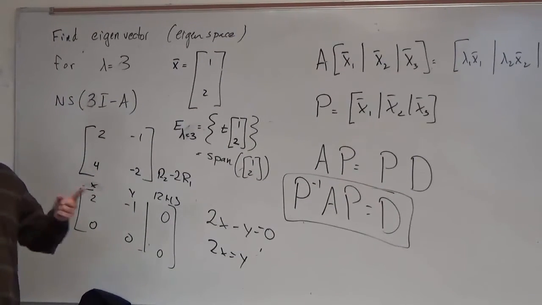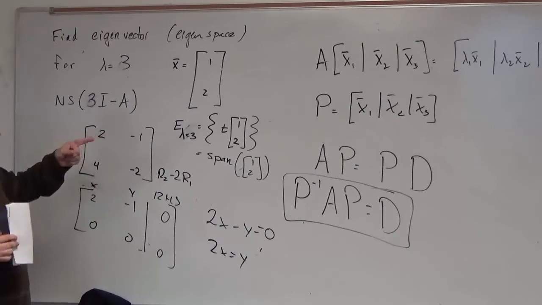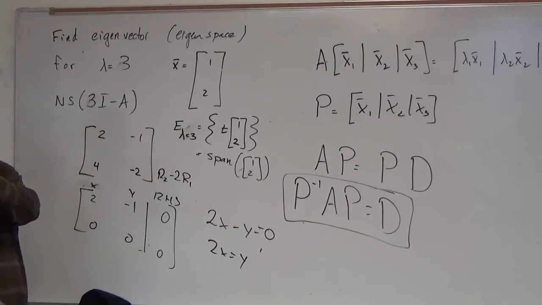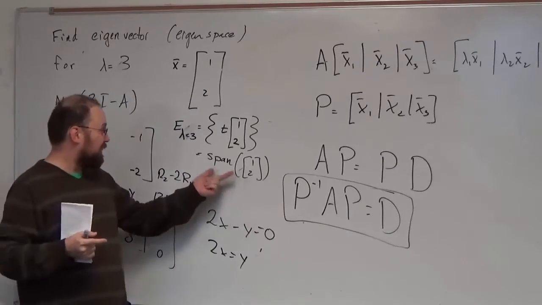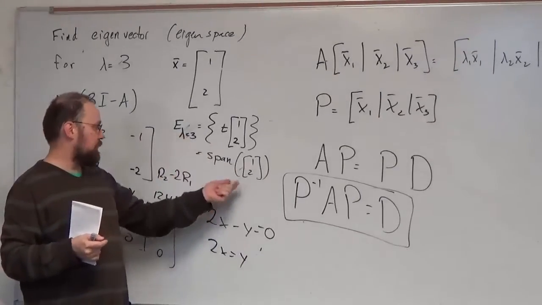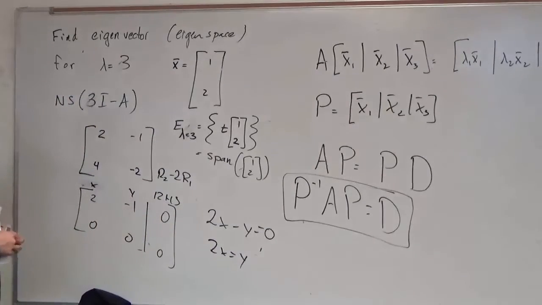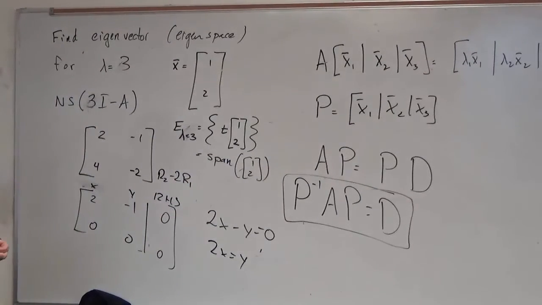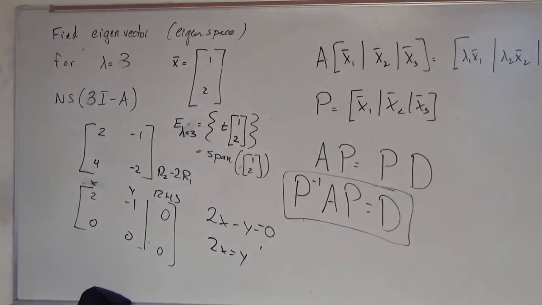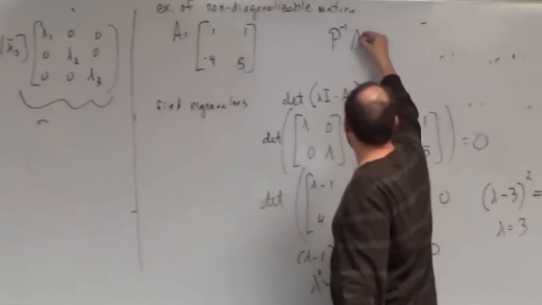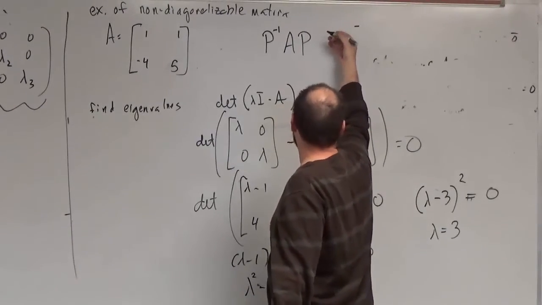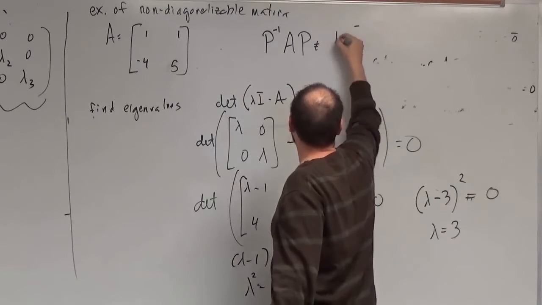We can't find 2 linearly independent eigenvectors because the sole eigenspace is one-dimensional. So I cannot find a basis for R2 consisting of eigenvectors, therefore I cannot diagonalize this matrix. It's not possible to find an invertible matrix P such that P inverse AP gives me a diagonal matrix.